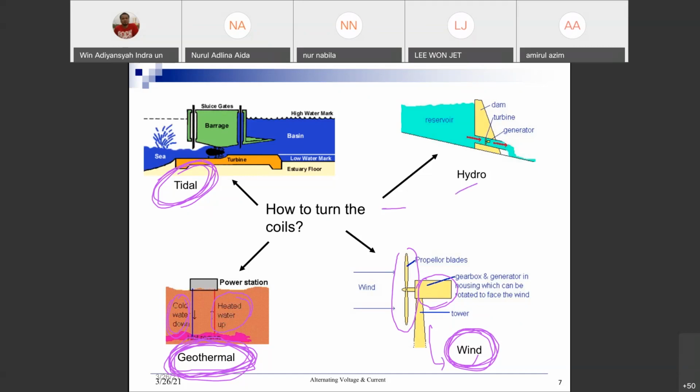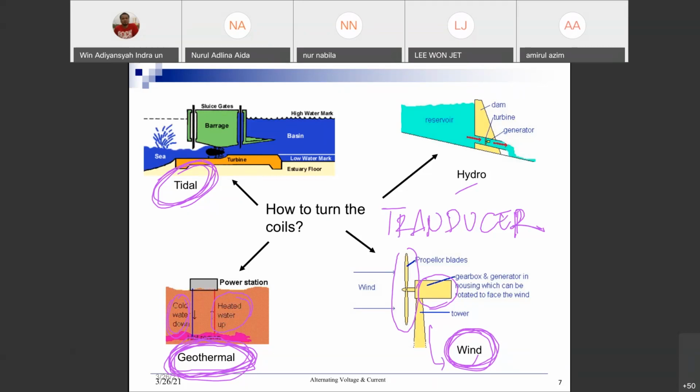All of this, you may be familiar, we call a transducer. This is a device that converts one energy to electrical energy.